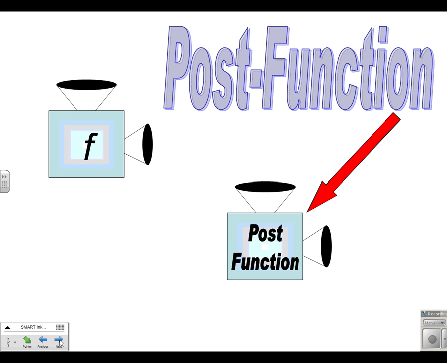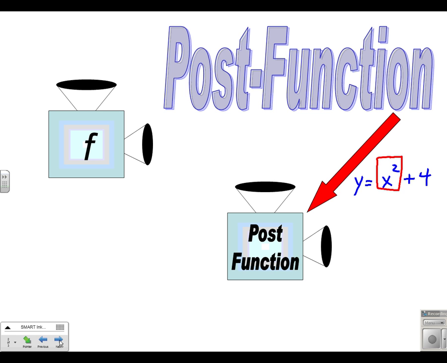Sometimes our functions have what I would refer to as a post function. For instance, we might have something like y equals x squared plus 4, where we take our base function, and once it's done its thing, order of operations, then we add 4 to it. So what does that really mean? What's going on here?